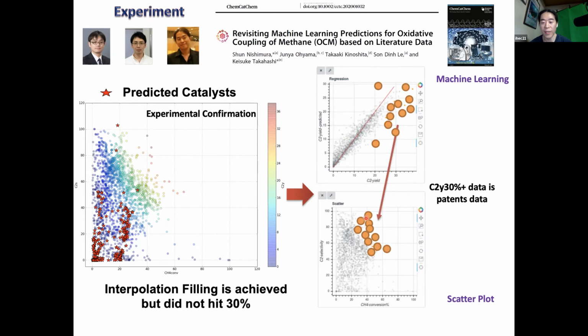Those are patent data, where they didn't focus on the catalyst, but rather fixed it and tuned the experimental condition. So the trend in the data was quite different, and that's why we couldn't predict it. That's what we found out.